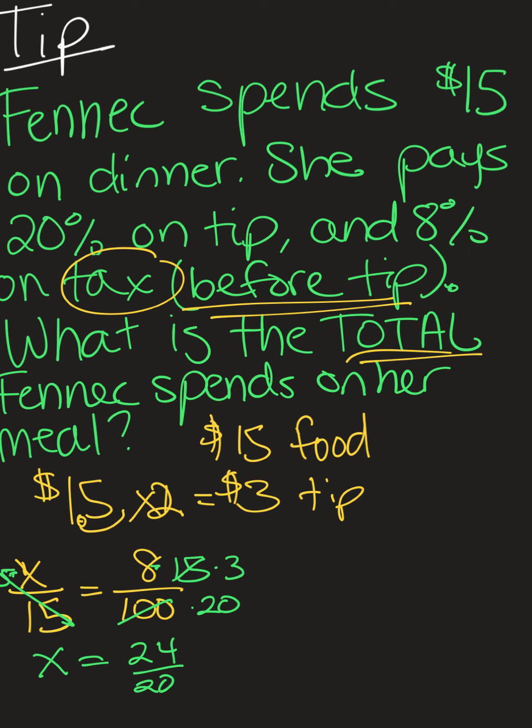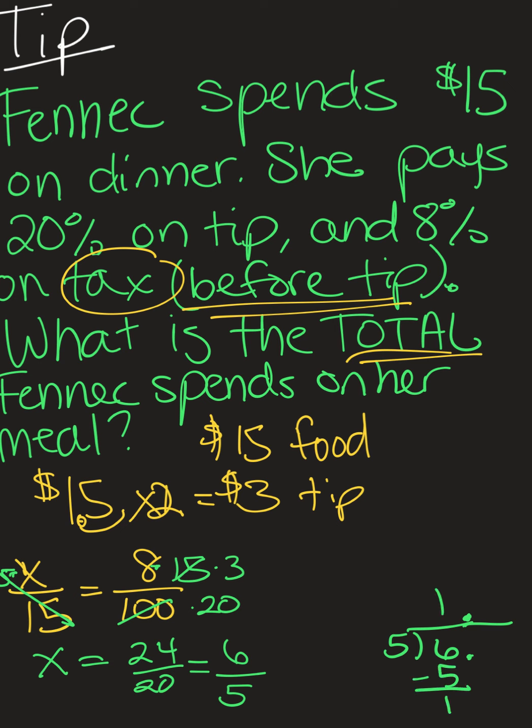Because when I'm dealing with money, I'm dealing with decimals. So 24 divided by 20, I can simplify by 4. And I get 6 over 5. And then I'm going to divide 6 by 5. Which should give me a number that is over 1, right? 5 goes into 6 one time.